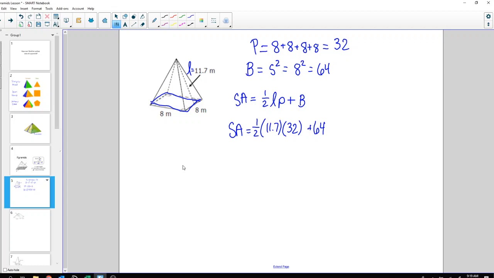So as I start to put these together, surface area, one half times 11.7 times 32 is 187.2, plus 64, which gives me a final surface area of 251.2, and then I take my units squared when we're looking at area or surface area.